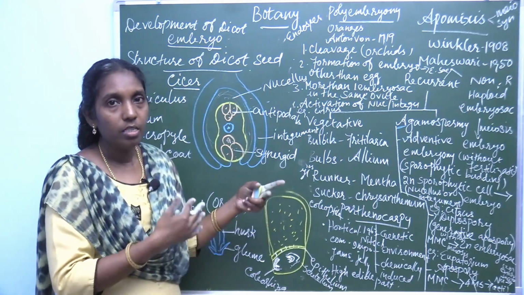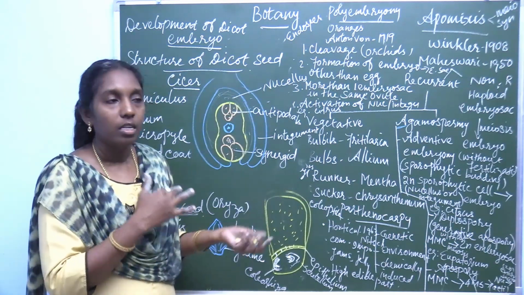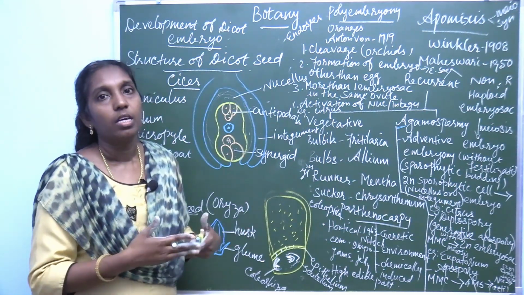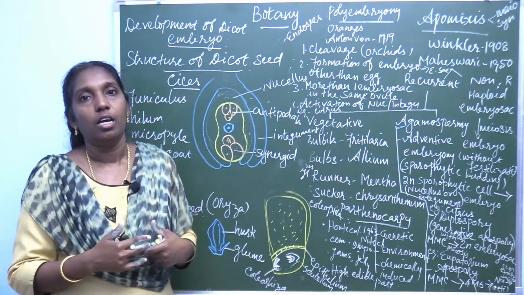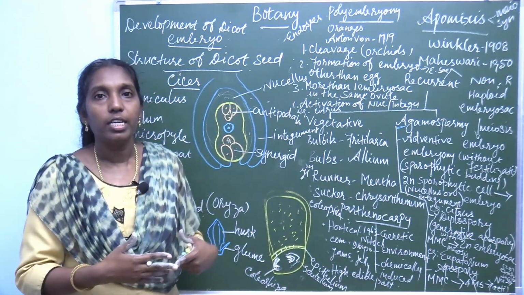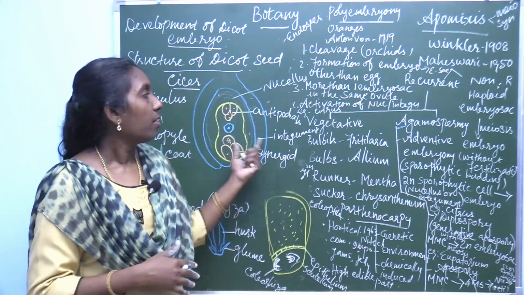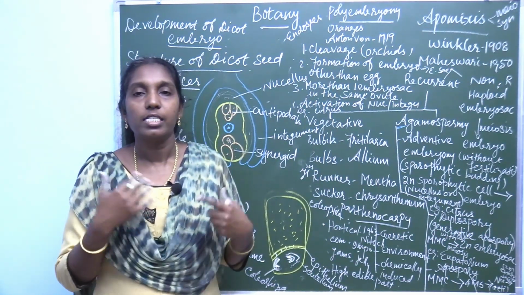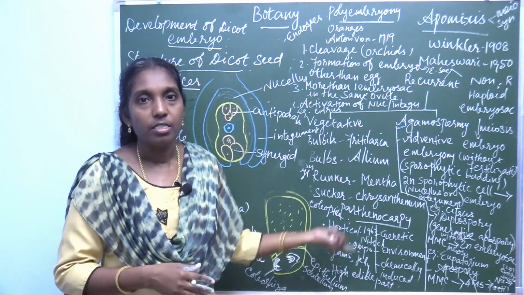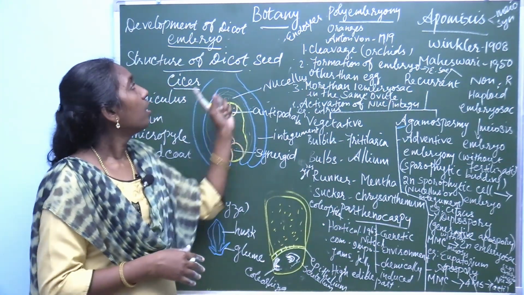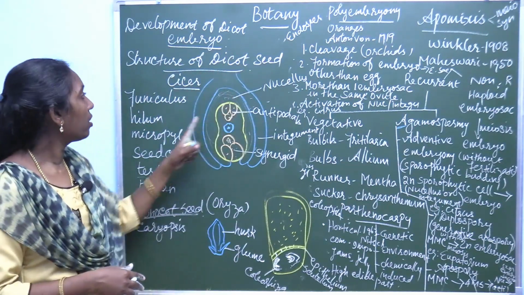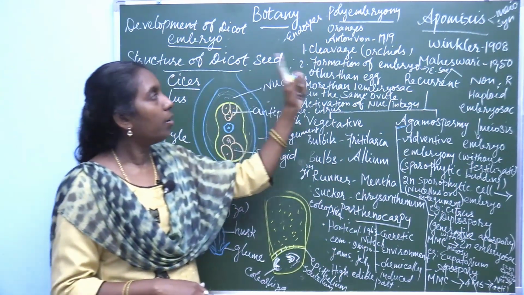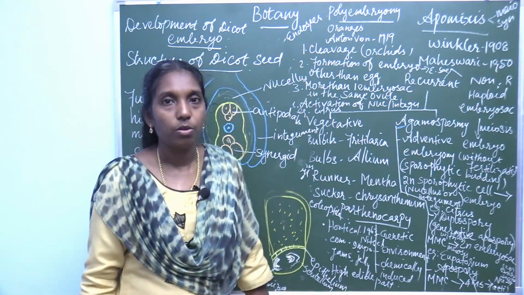Then sexual reproduction, including the parts of the flower, androecium, gynoecium, then pollination, agents of pollination, types of pollination, events of fertilization, types of style, entry of the pollen tube, fertilization in the gamete, double fertilization, triple fertilization, post fertilization changes, types of endosperm, and finally development of the dicot embryo, structure of the dicot seed, seed formation, monocot seed, and polyembryony, apomixis, and parthenocarpy.